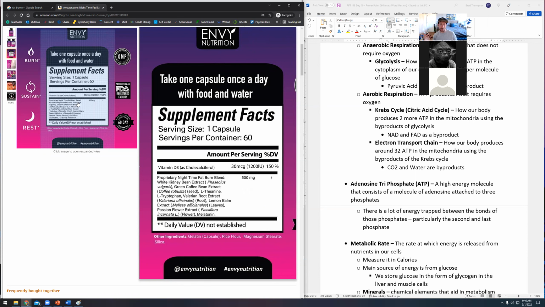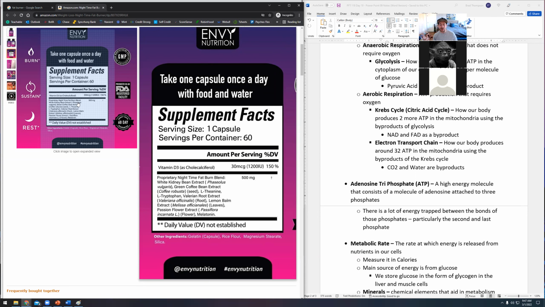Green coffee bean extract, so basically we're extracting some caffeine. We see L-theanine, L-tryptophan, which are both amino acids, and amino acids sometimes produce a little bit of energy. Valerian root extract, we don't know what that is. Lemon balm extract, we don't really know what that is.